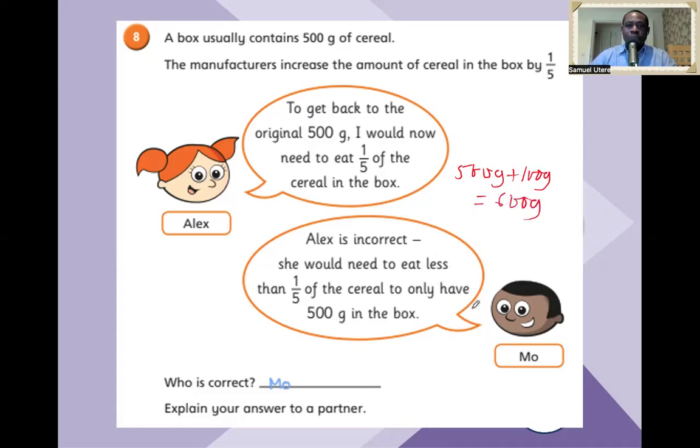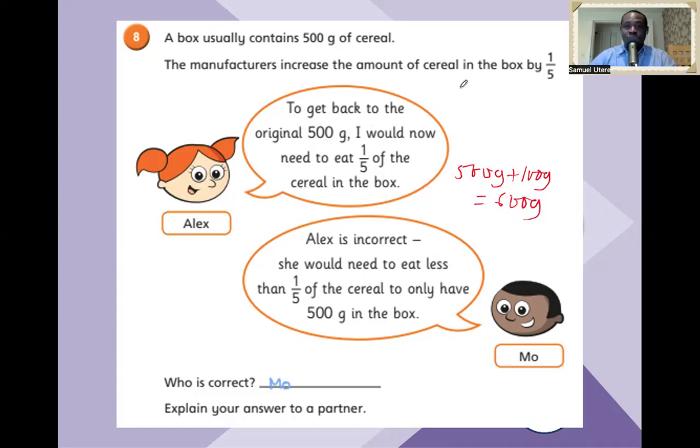Now, think about what Mo said. Let's check what Alex has said. So Alex said, I would now need to eat 1/5 of the cereal in the box to get back to 500. So what she's saying is we need to work out 1/5 of 600 gram to get to 500 gram.